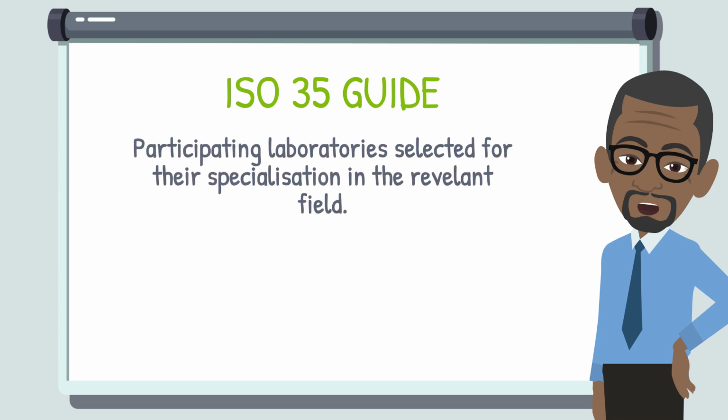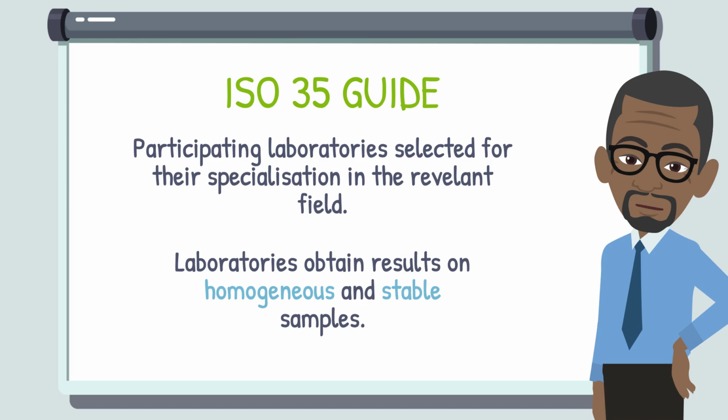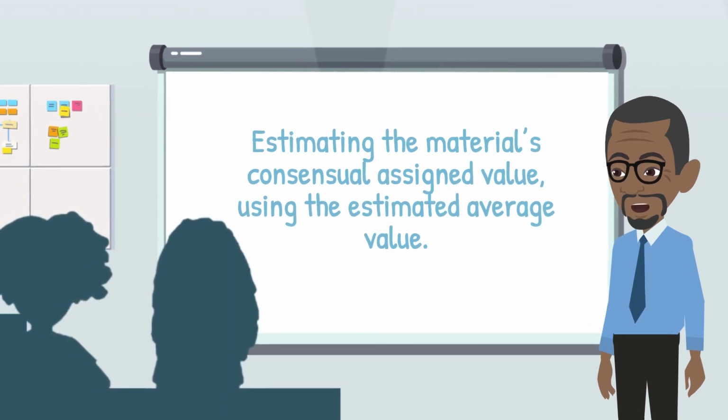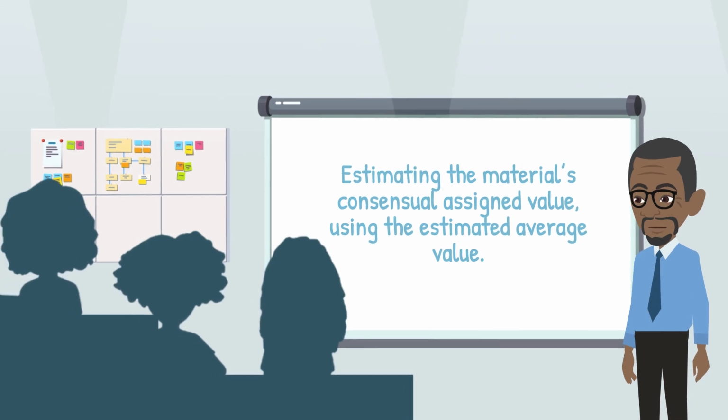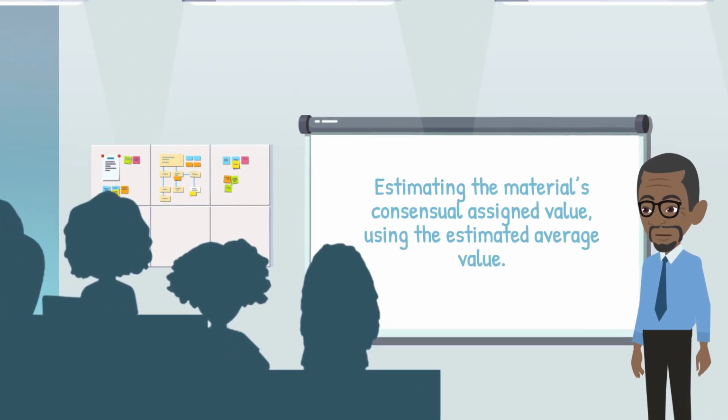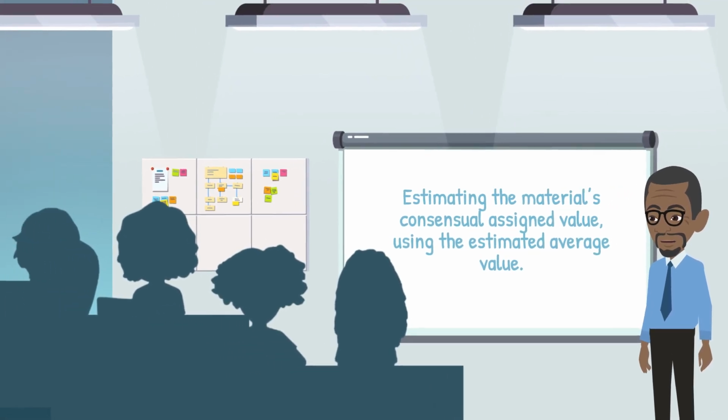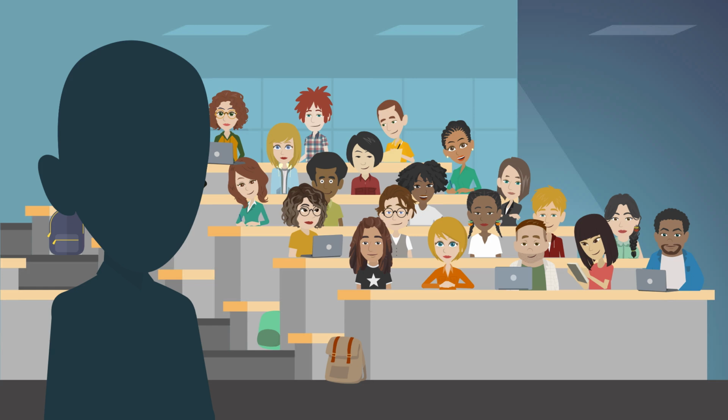The participating laboratories are selected for their specialization in the relevant field. These laboratories obtain results on test items that are sufficiently homogeneous and stable. For this kind of interlaboratory comparison, the purpose is to estimate the material's consensus assigned value using the correctly estimated general mean.